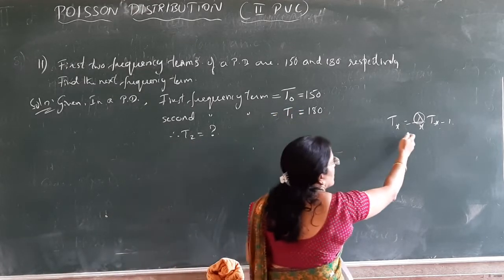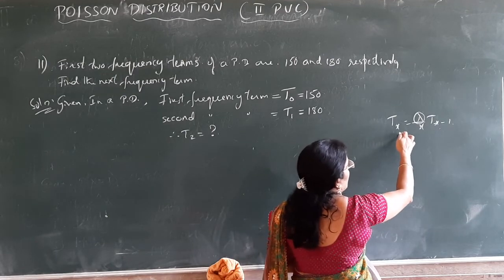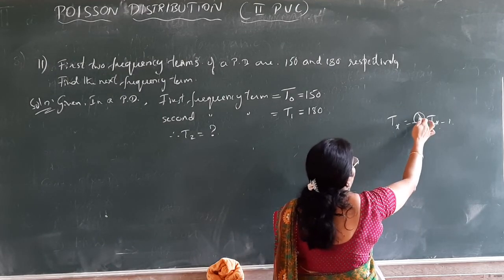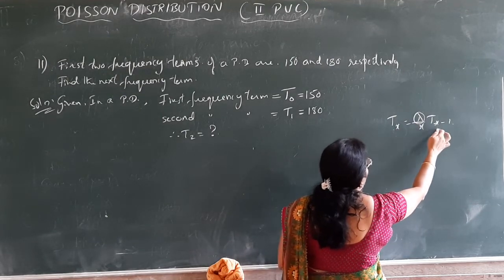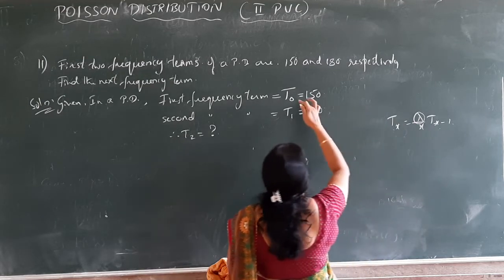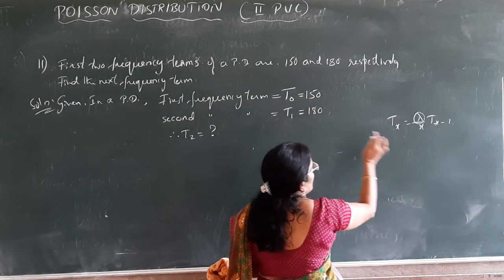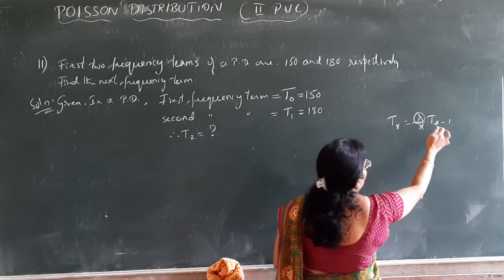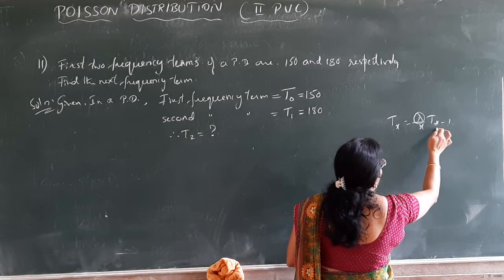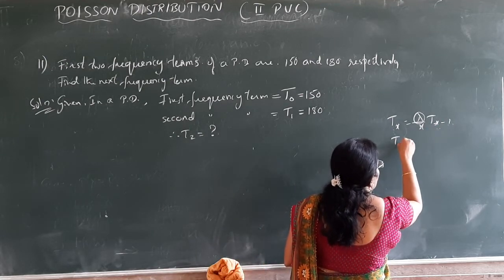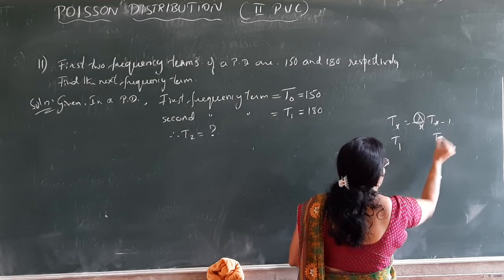Now just see this recurrence relation. Can we use this to find the lambda? Now Tx and Tx minus 1. In those two places, we can write T1 and T0. Put x is equal to 1. You will be getting T1 and T0.